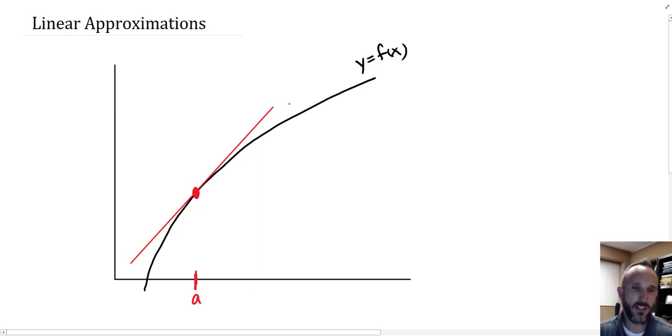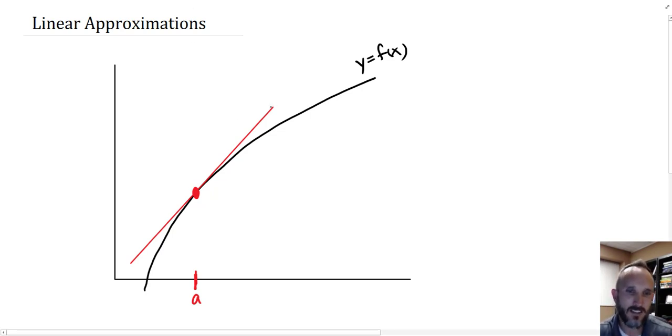Now, what is the benefit of this? One benefit is calculating the outputs on a curve might be calculation intensive. This function f of x could be a lot of computational problems for us: logs, trig functions, exponential functions, fractions, roots, whatever it may be. But the equation of a line is very simple.